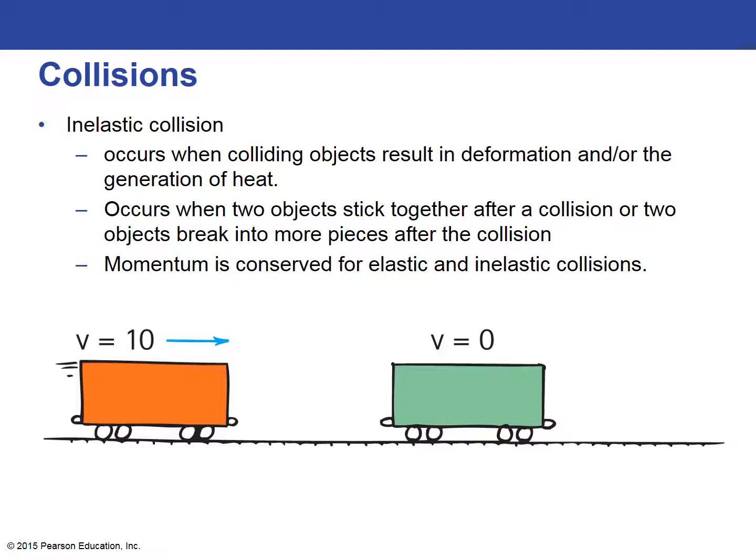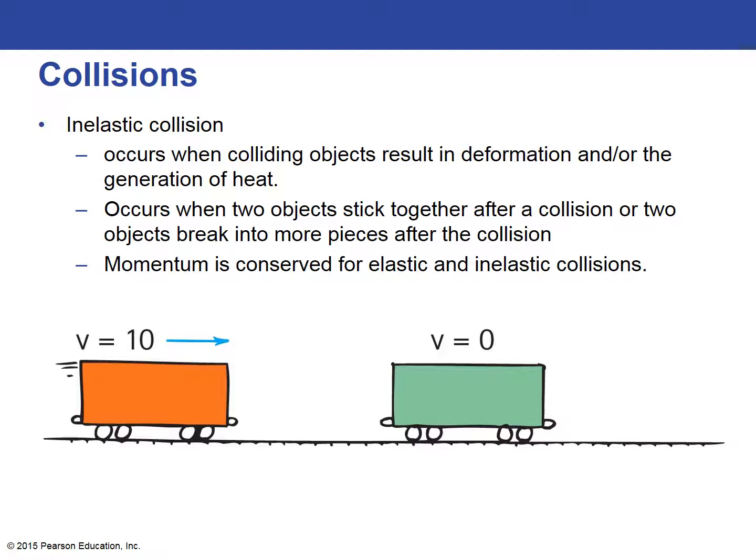Now, inelastic collisions can also be shown to conserve momentum, just like elastic collisions, which we studied in the previous slide. Here we consider the case where there is a freight car that is traveling with velocity v equal to 10, we can say 10 meters per second, for example.